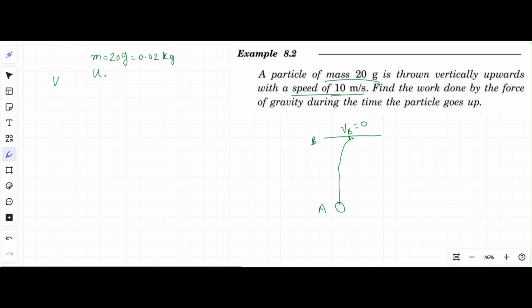And initial velocity is 10 meter per second. So we know that final velocity will be 0. So let us use equations of motion. So v square is equal to u square plus 2as.